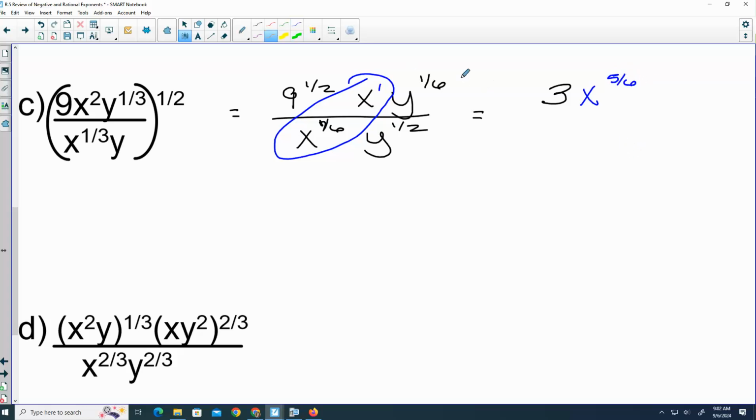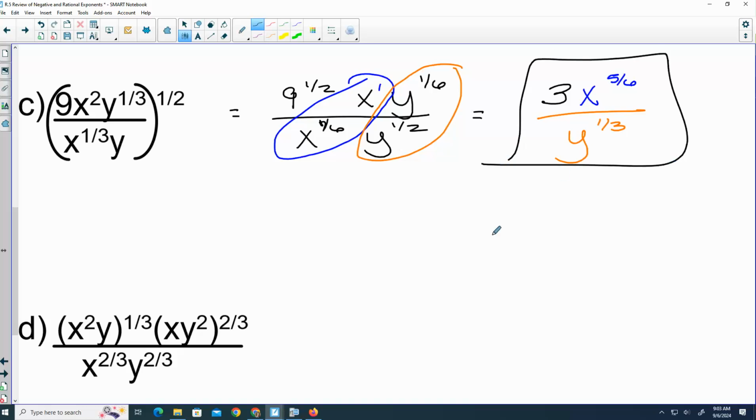With our y's, what's bigger, 1/2 or 1/6? 1/2 minus 1/6. I think you multiplied. Does anybody need help with fractions on their calculator? How to use it?